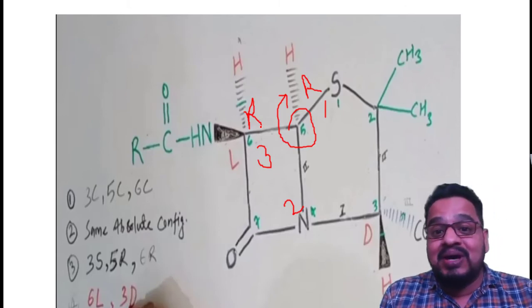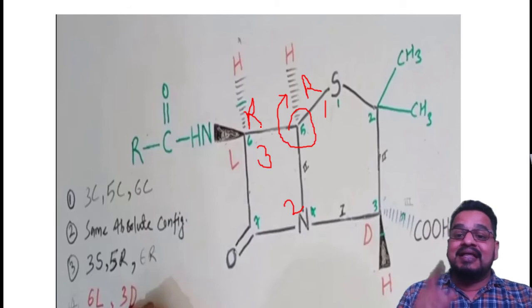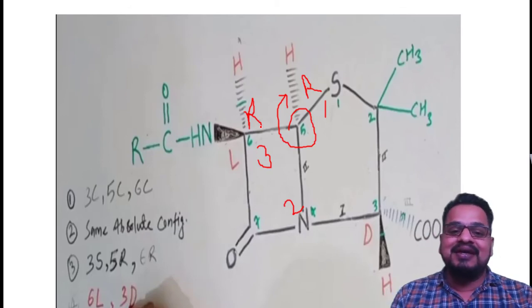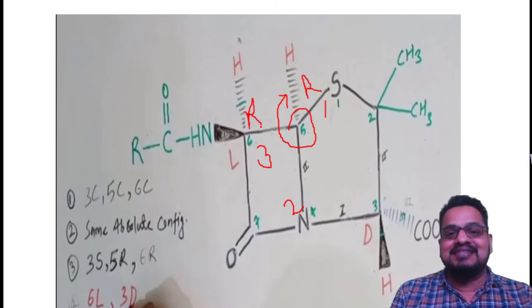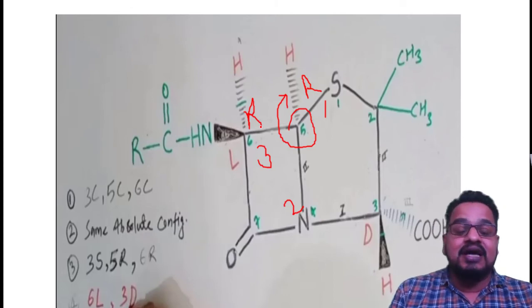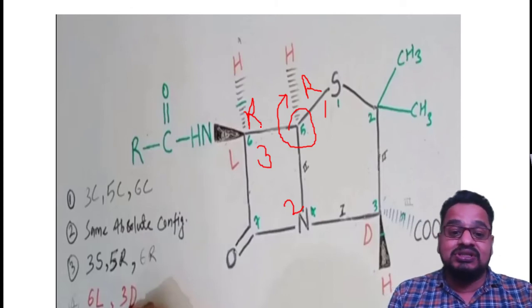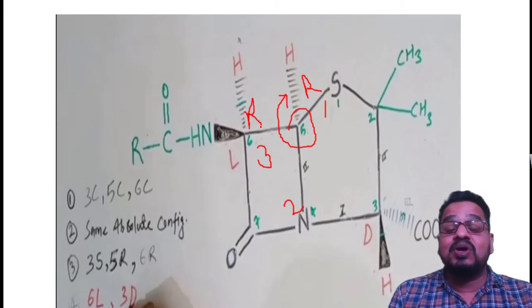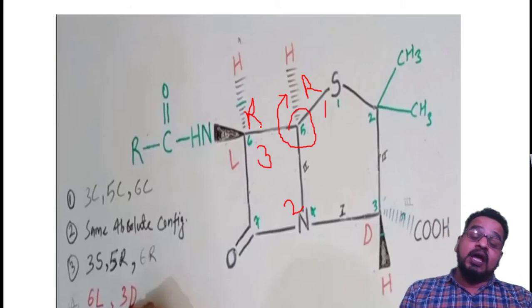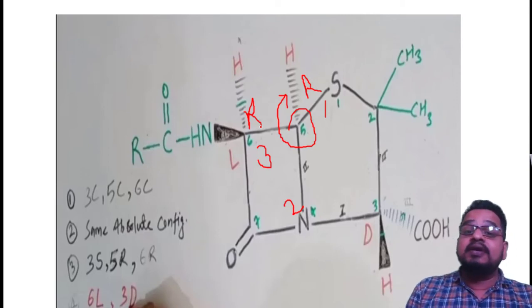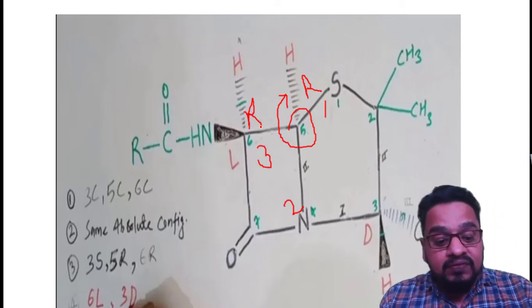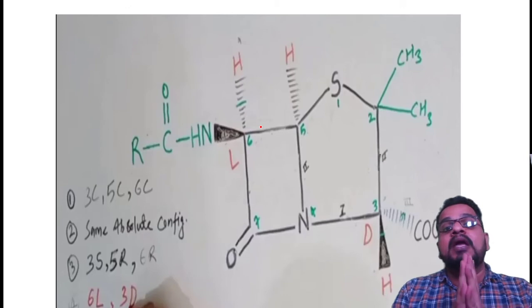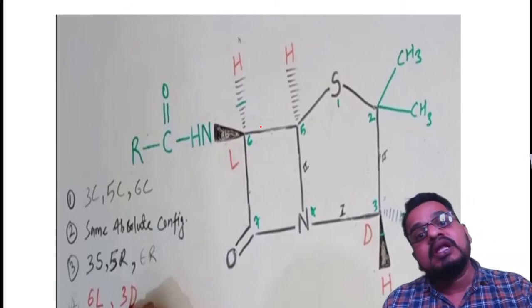So what is this one? That is, at the third carbon is having the S configuration, absolute configuration. Fifth carbon is having the R configuration, and the sixth carbon is having the R configuration. This is the absolute configuration. Now there is a relative configuration. Relative configuration is something we call relative to the L glyceraldehyde.